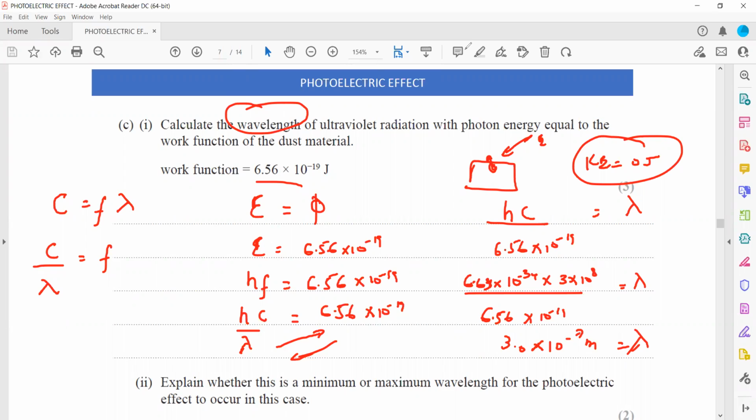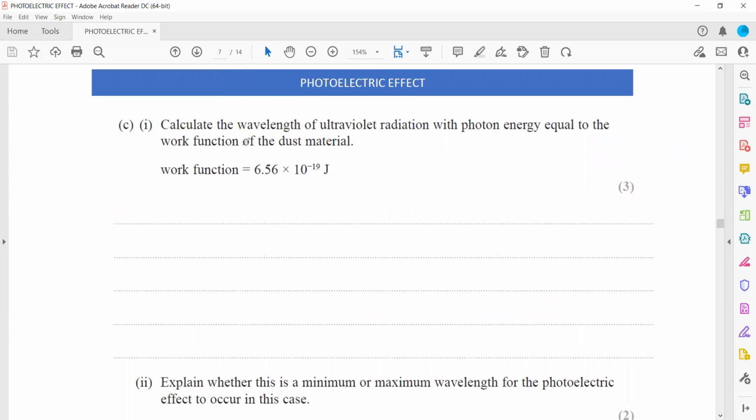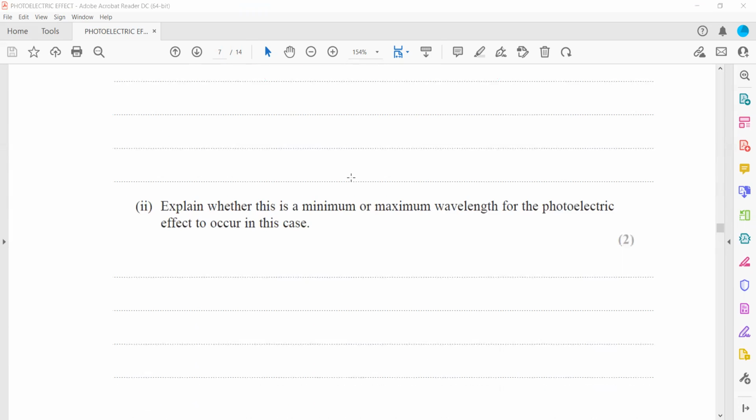The next part: explain whether this is the minimum or maximum wavelength of the photoelectric effect. As I mentioned, the work function is a minimum energy.